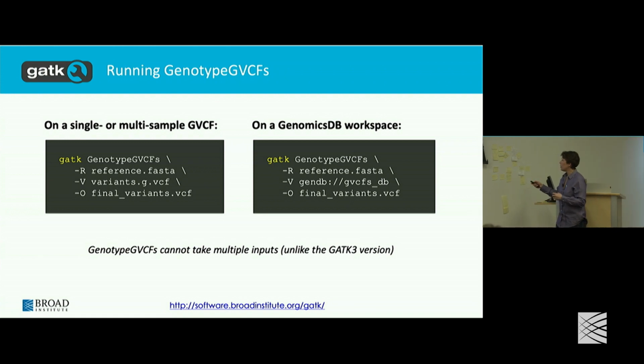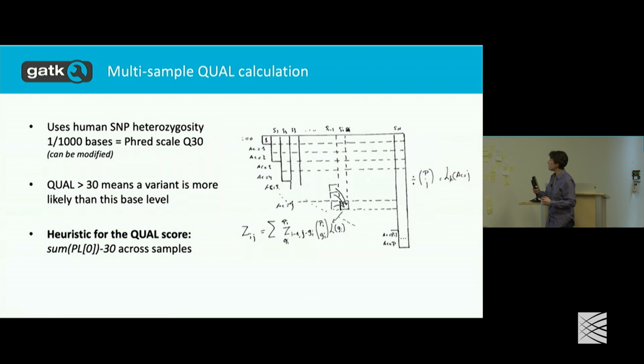And so you provide this prefix stating that this is a GenomicsDB workspace, the name of the directory that was created by the previous tool, and then everything else will just be handled for you. Okay? So that's how you run it.